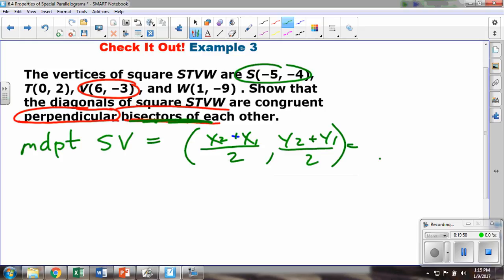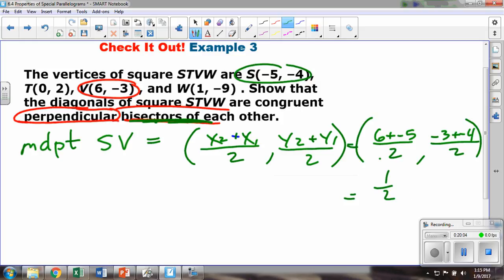So crunching those numbers, we'd have x plus x, y plus y, which gives us positive 1 over 2. Negative 3 plus negative 4 is negative 7, so negative 7 over 2, which is negative 3.5. Okay, those are the coordinates for the midpoint of SV. Those are the coordinates that actually cut the diagonal in half.